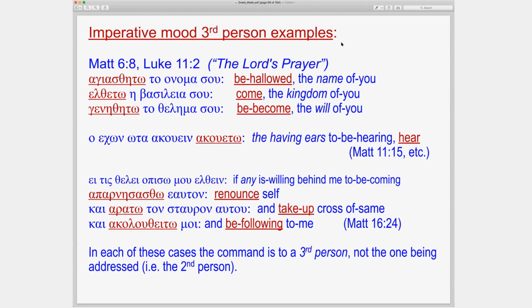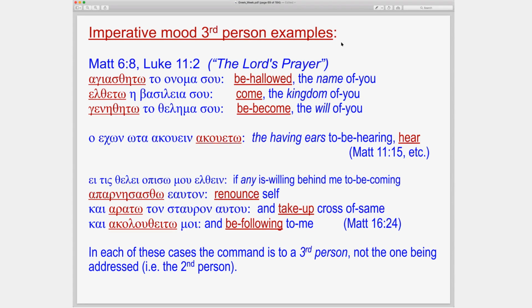Okay. So then, another example. If any is willing behind me to be coming, normally translated, if any would come after me, let him deny himself, take up his cross, and follow me.